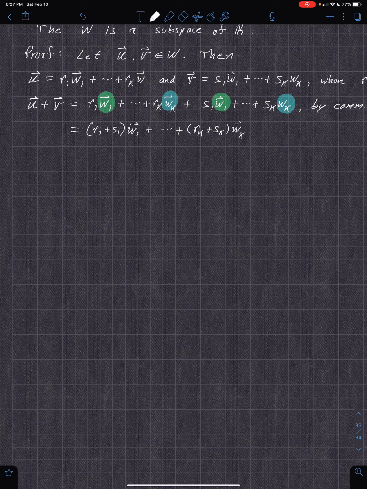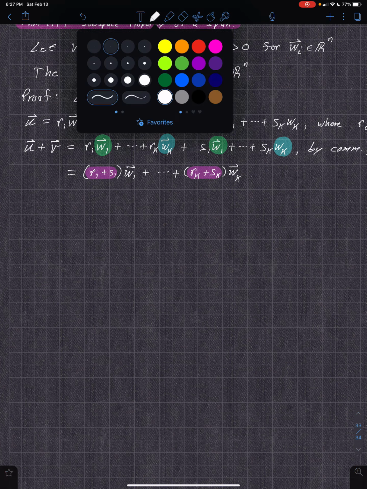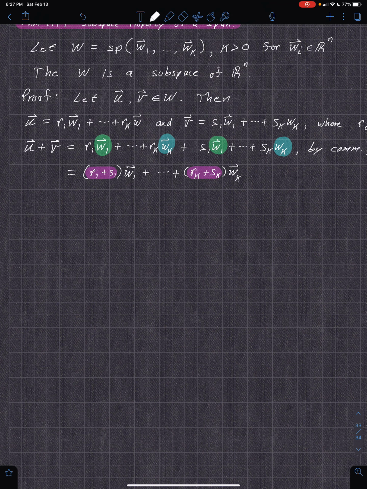Now, those are just real numbers, because the sum of real numbers is a real number, and that is in the span of that set.